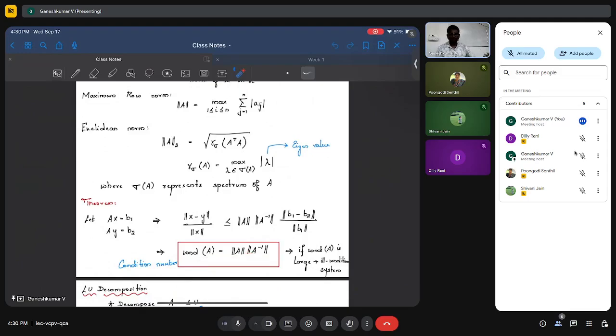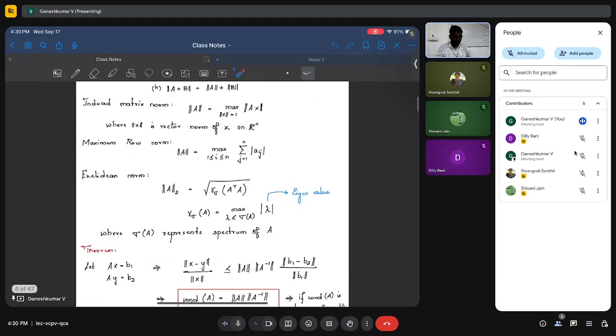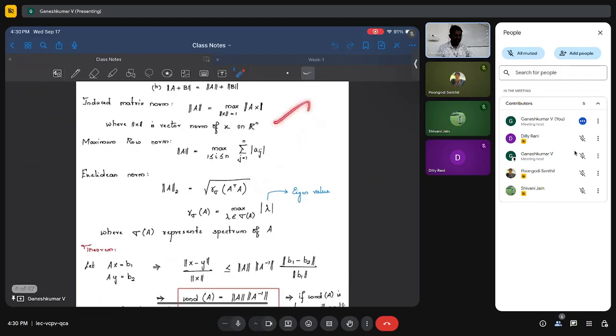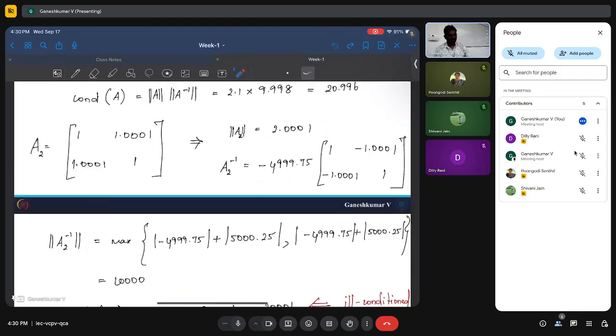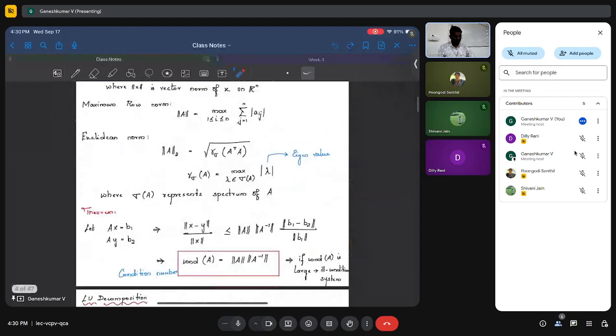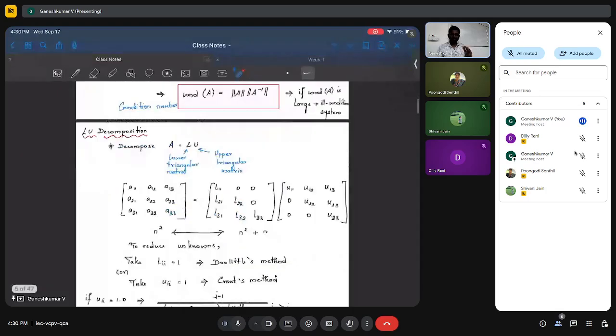It can be the Euclidean norm, the matrix row norm, or the induced matrix norm, but usually we use the maximum row norm. Okay, I think that's what we did here also. So this condition number is used to identify whether the system is well conditioned or ill conditioned. If it is ill conditioned, what usually people prefer to do, sometimes we cannot control these values in A, right?